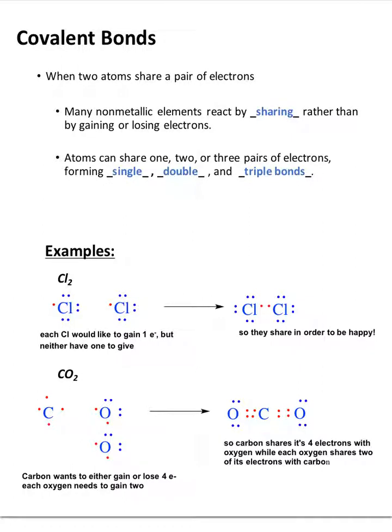So carbon puts in all 4 of its electrons to the sharing pool, and each of those oxygens put in 2 electrons to the sharing pool. And as a result, you're getting a total share of 8 electrons, 4 electrons between each set of atoms. And so what you would actually have is carbon double bonded to each of those oxygens because it's sharing 4 electrons, or 2 electron pairs total.